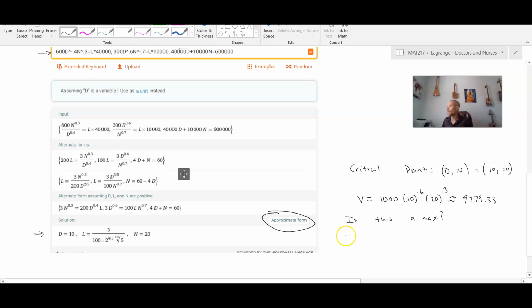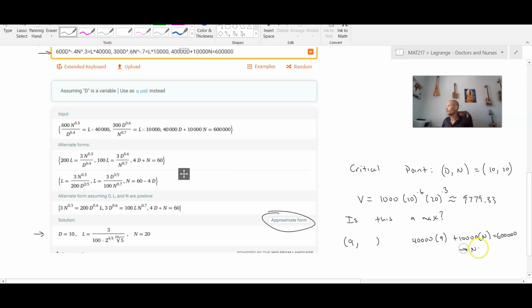So let's, for example, consider hiring 9 doctors, and in that case, how many nurses would we need? Well, we just need to make sure that 40,000 times the number of doctors plus 10,000 times the number of nurses equals the $600,000 budget. So I can solve for n here by subtracting from both sides and then dividing by 10,000.